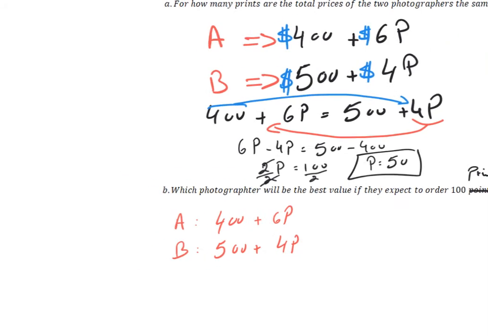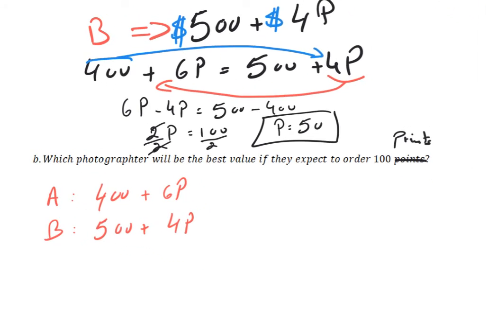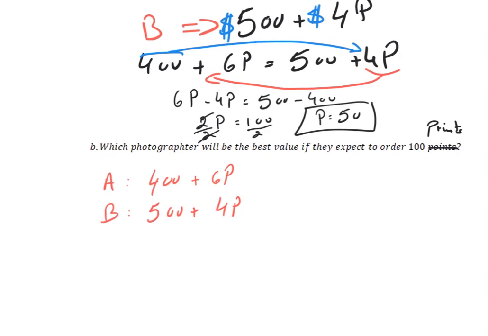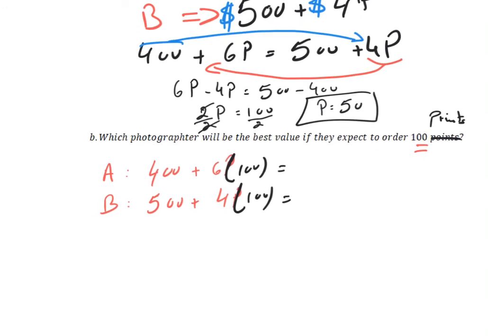If I want to know which photographer would be the best value if they expect to order 100 prints, we need to substitute p by 100. That's the number of prints. So we're going to substitute p by 100 in both places, and we'll see what the best price is.